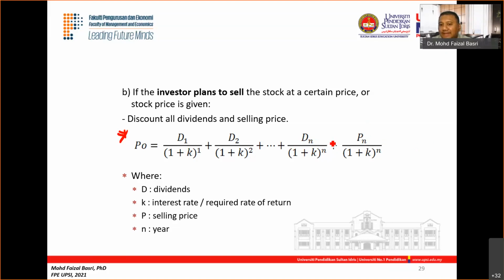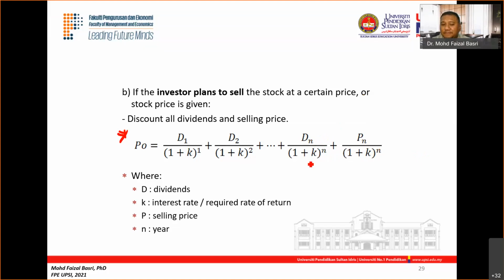We have 4 N's: one for dividend, one for price, and both with a power of N. So again, I recap: if we have 5 years of dividend, N is identified as 5, so all N's will be 5. Meaning D5 divided by 1 plus K to the power of 5, plus the price for year number 5 divided by 1 plus K to the power of 5.